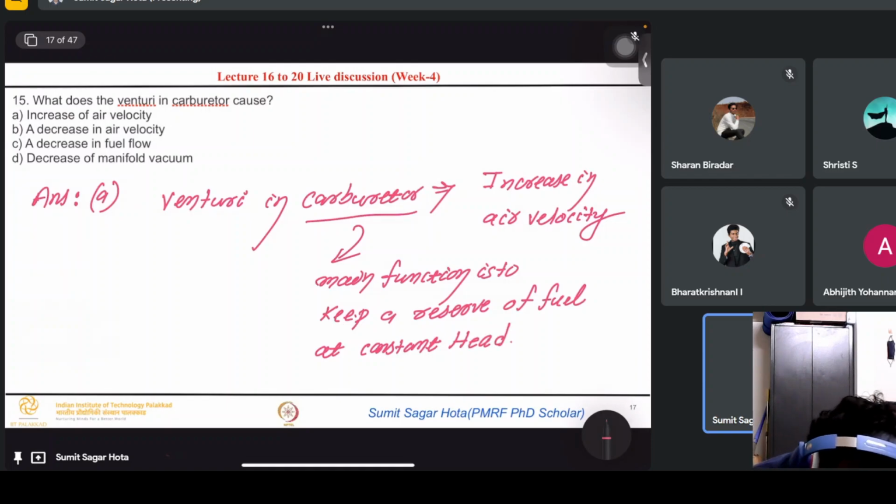This is the work of the carburetor, and increasing the air velocity is the work of the venturi.